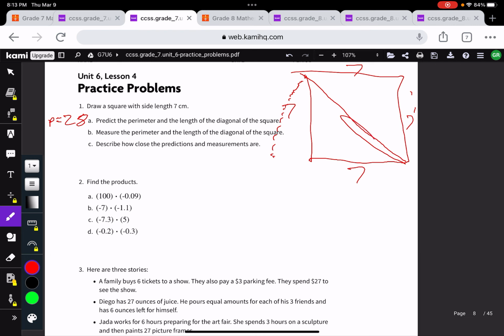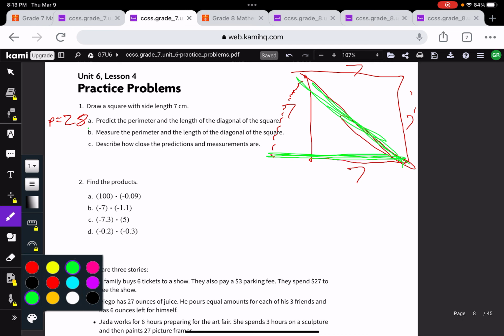Here's my green line. If I dragged it down, it would be about like that, right? So my answer is going to be more than 7. So my guess is, let's call it 8. Now it says measure the perimeter and the length of the diagonal. Oh, that was my prediction. I should have said the diagonal equals 8 on my prediction. Or we could say 9 or whatever we want.